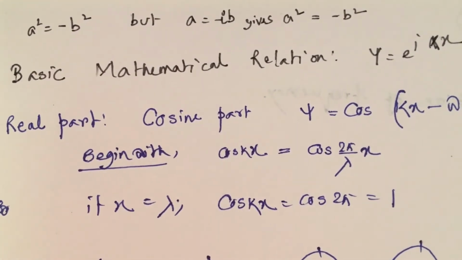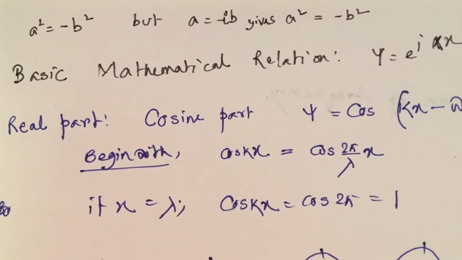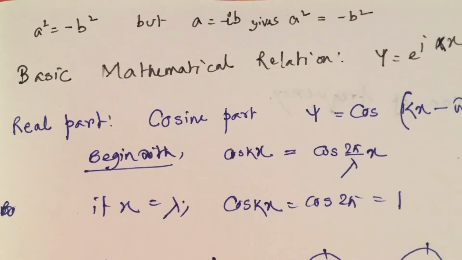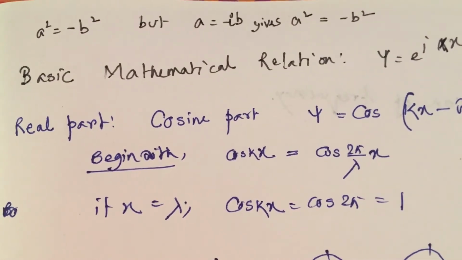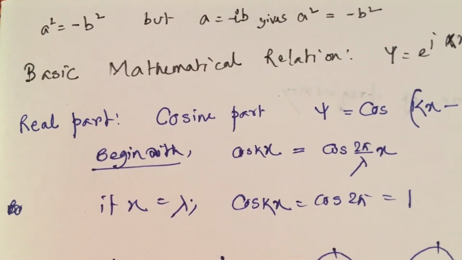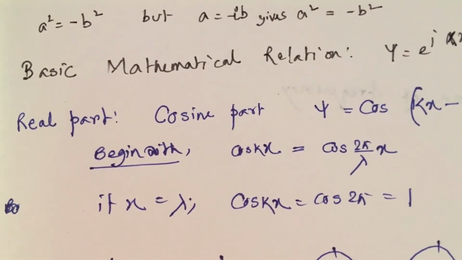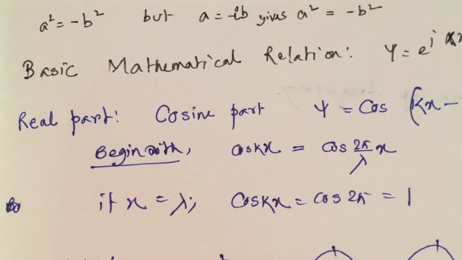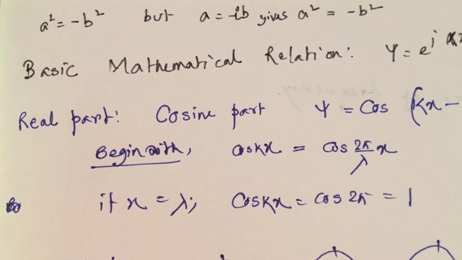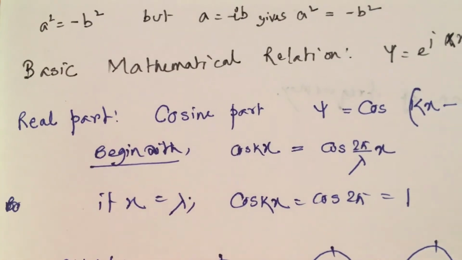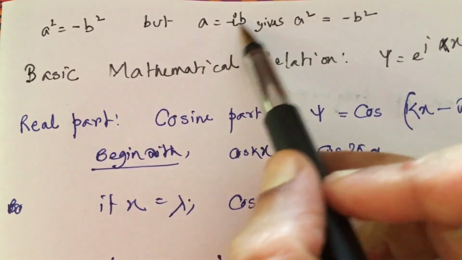We know that any number, positive or negative, if multiplied with itself, gives a positive number always. If I multiply minus 2, I get plus 4. If I multiply 5 into 5, I get plus 25. If I multiply minus 9, I get plus 81. Hence, this is an imaginary kind of thing.